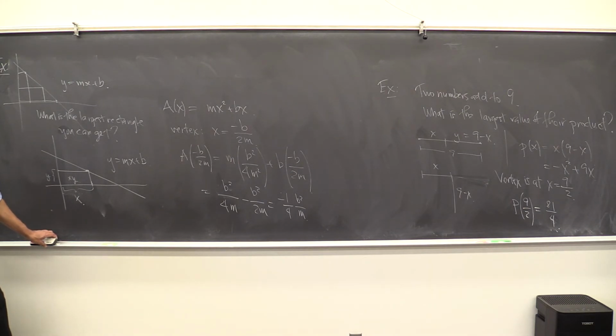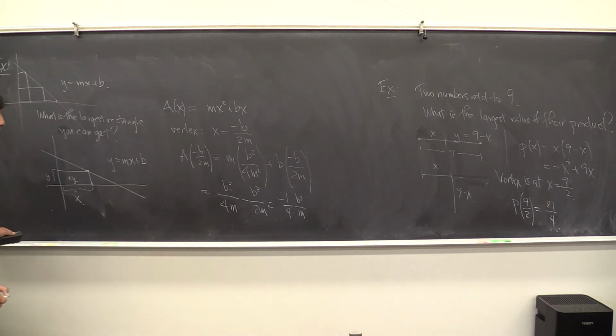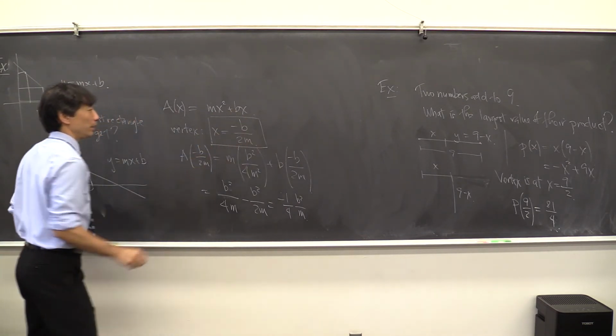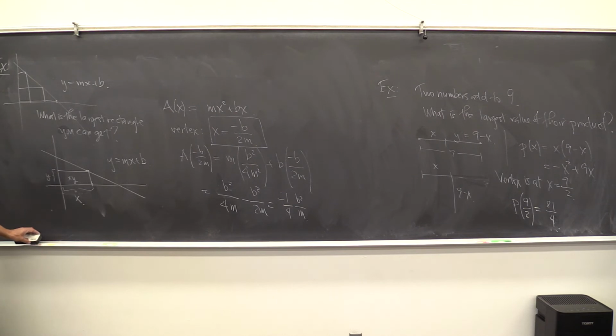So that would be the maximum area we get. And geometrically, you see what's going on here. Can anybody see what this is? x being negative b over 2m.